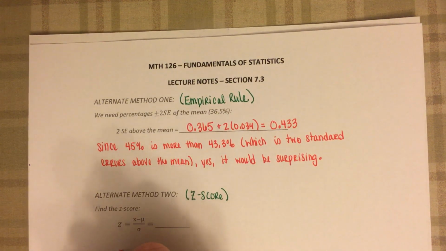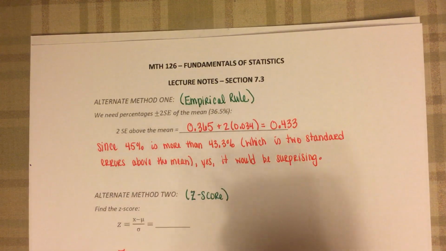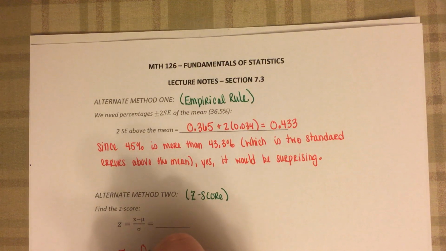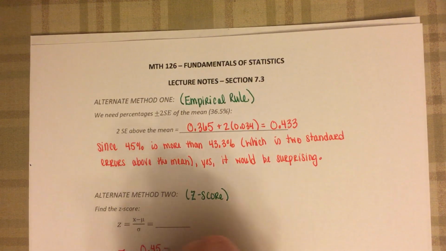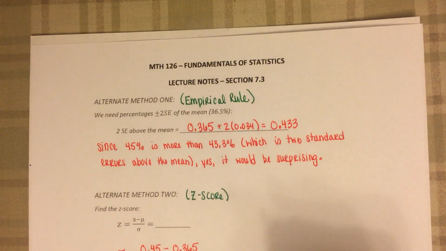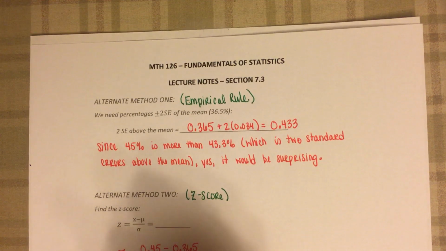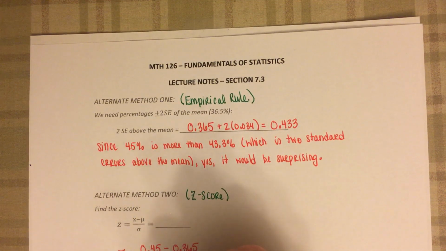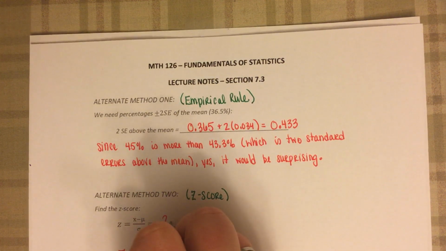But we could do z equals 45%, so 0.45, minus our mean, which is our population proportion of 36.5%, so 0.365, and then divide it by our standard error, 0.034. This gives us 2.5. So our z-score is 2.5.